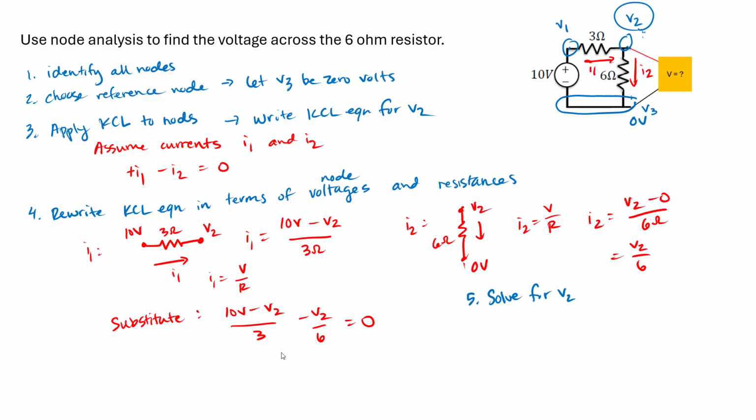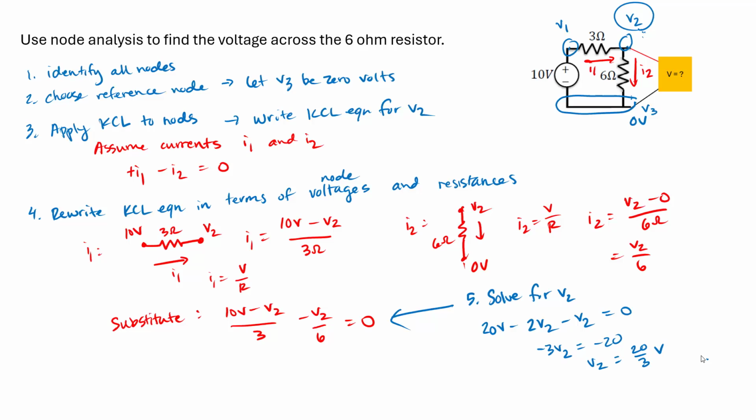If we take that equation and multiply both sides by 6, you would see that we end up with 20 volts minus 2V2 minus V2 equals 0. So we end up with minus 3V2 equal to negative 20, or V2 is equal to 20 thirds.